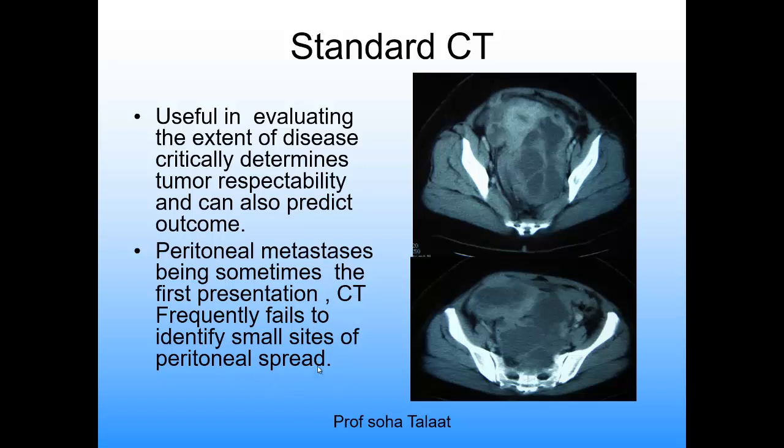This is very important, because sometimes we didn't see omental disease on CT, and the surgeon says that when he opened, there was omental disease. So omental disease, if small or diffuse peritoneal spread, sometimes could not be detected by CT.